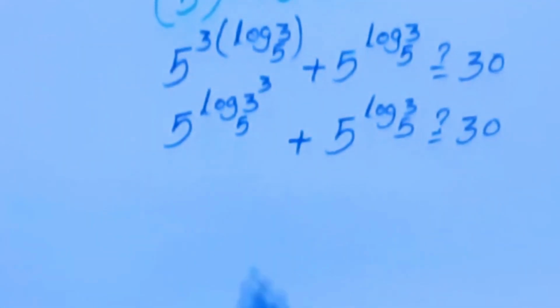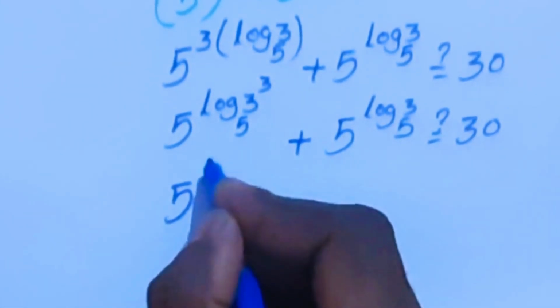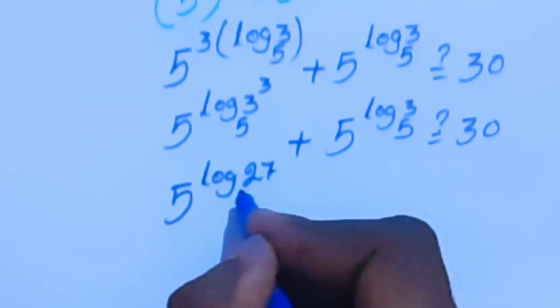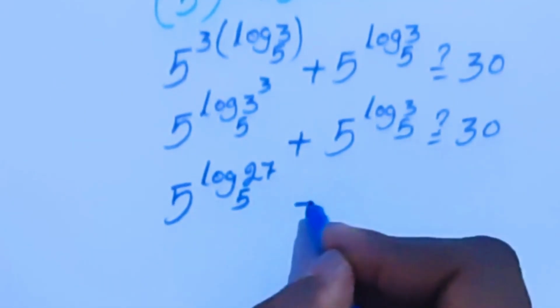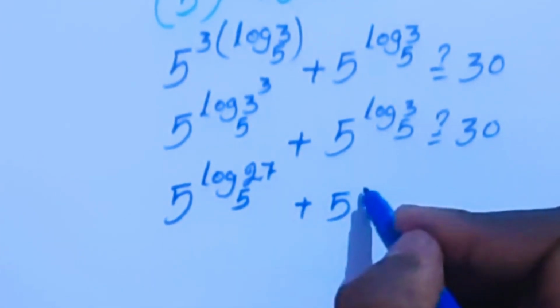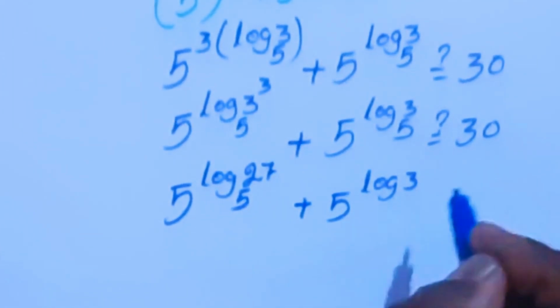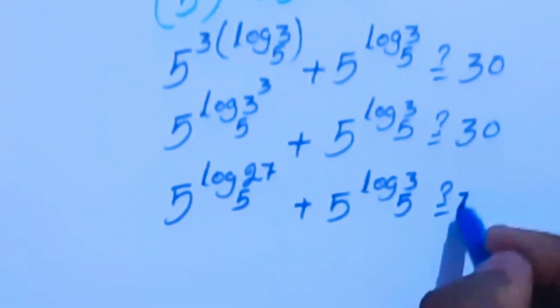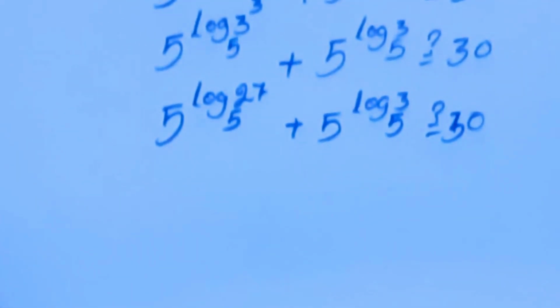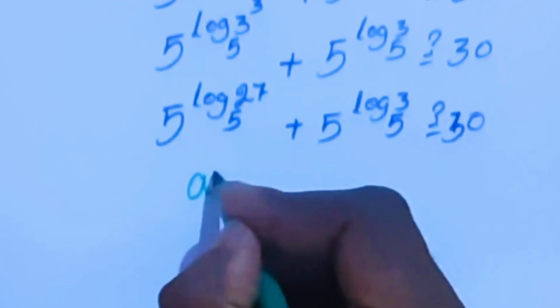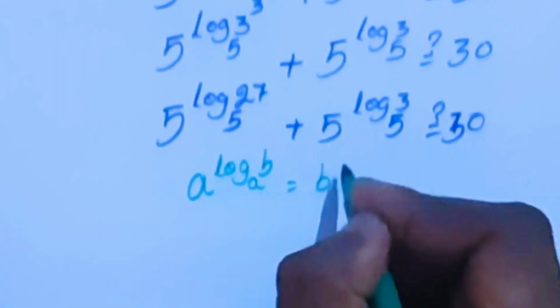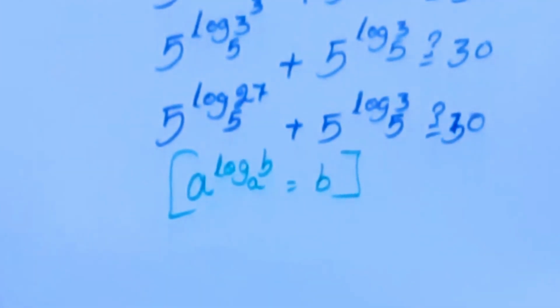Now, 5 to the power of log, this is 27 base 5, plus 5 to the power of log 3 base 5 equal to 30. Now, we are going to apply this formula here. A power log b base a equal to b. This formula we are going to apply here.